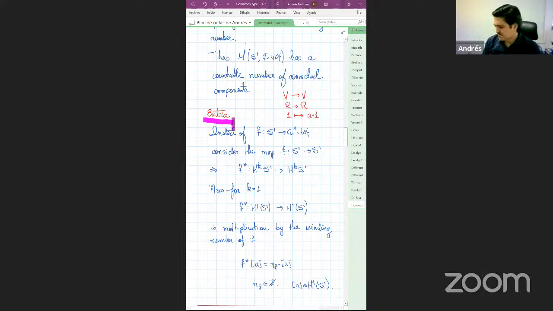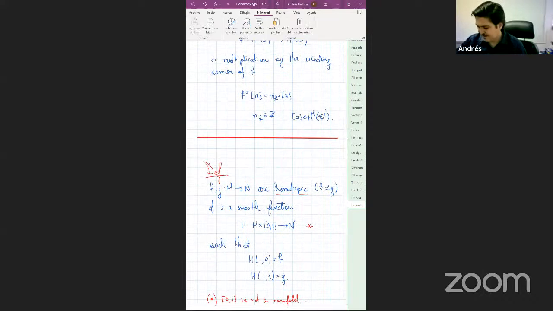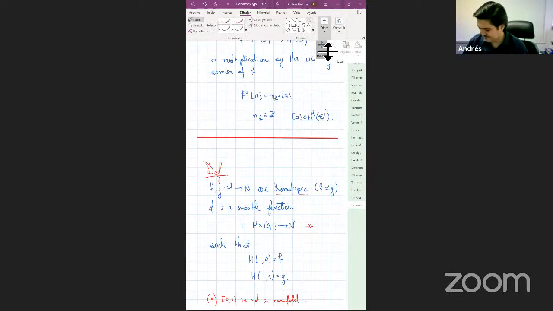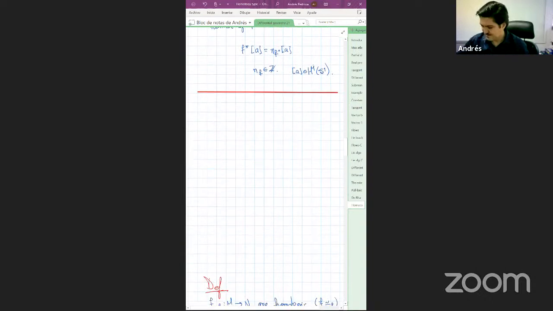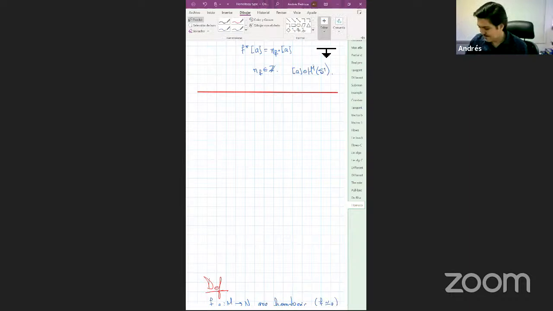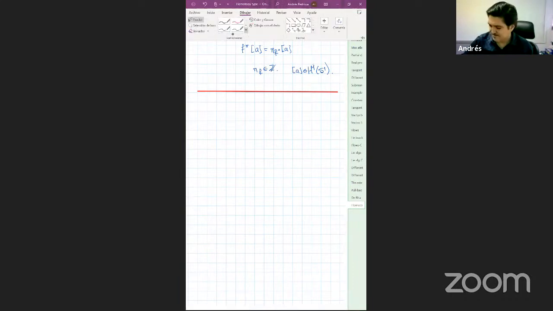Now, let's forget about cohomology. So f is a map from the circle to the circle.